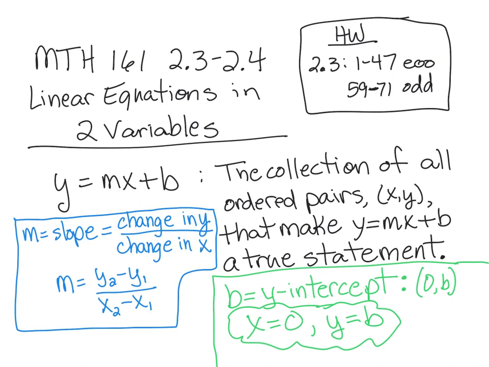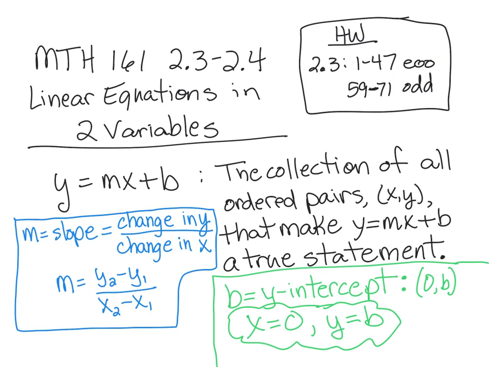I'm intersecting the y-axis, and that's what we call a y-intercept, okay? It's the point where x is 0, you plug it into that formula there, and you get y equals b, okay? And that point is going to be your anchor for every one of these lines.